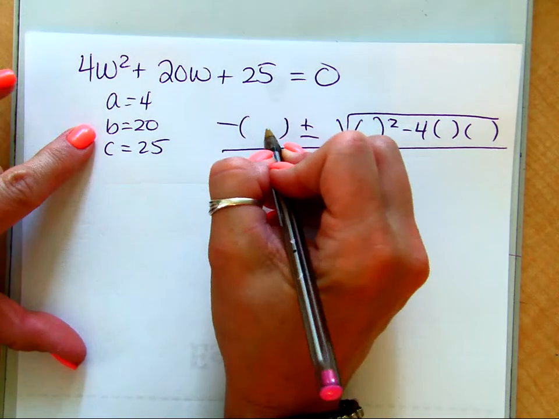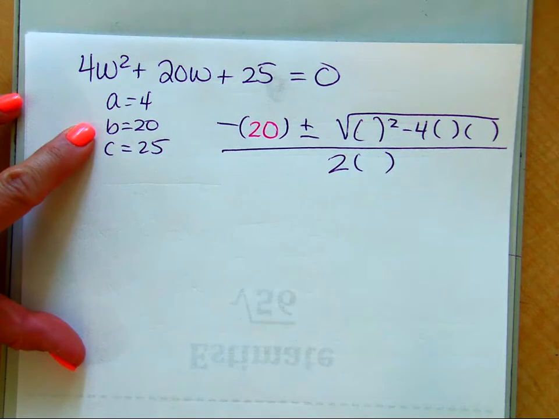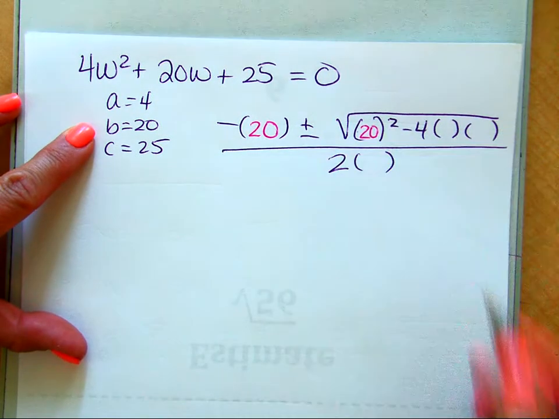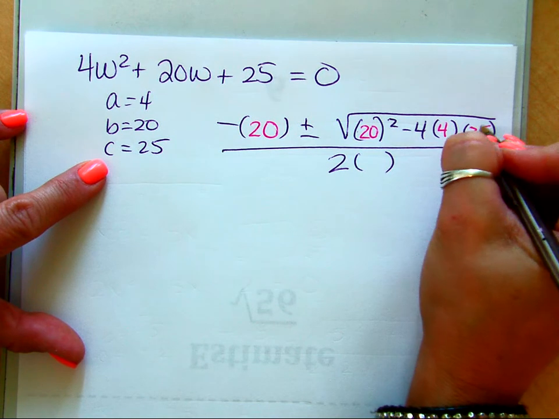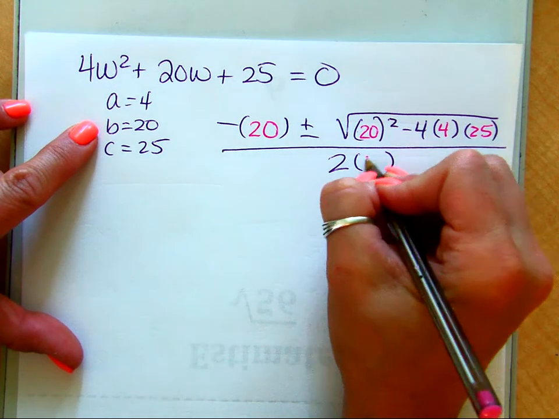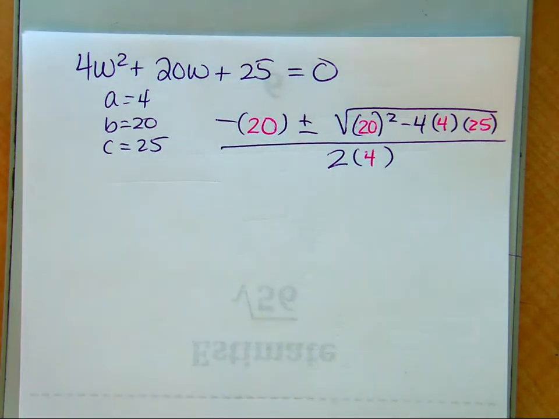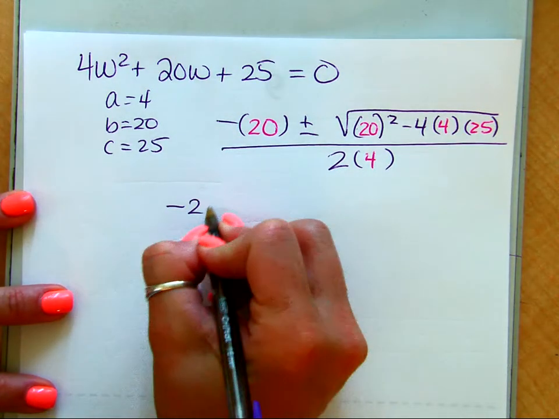The opposite of B, if B is positive 20, plus or minus the square root of 20 squared minus 4AC, all divided by 2A. Okay? So what's the opposite of B if B is 20? -20.